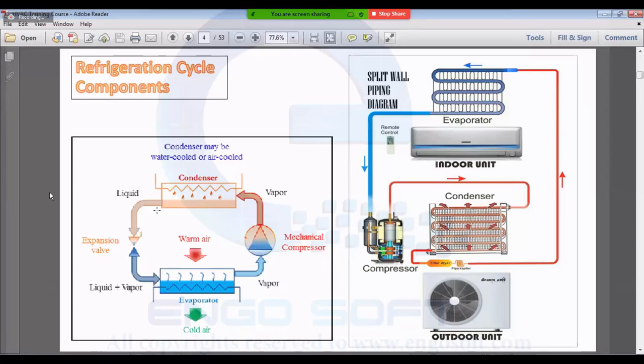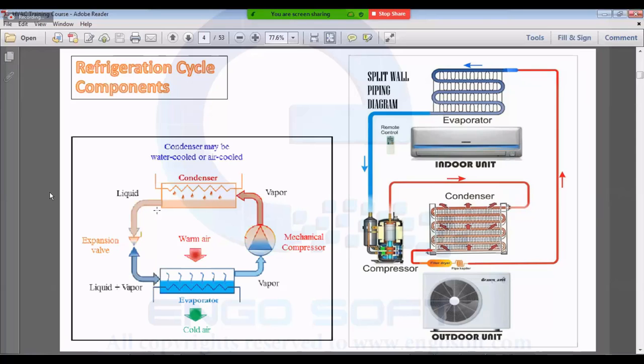The vapor will then go to the mechanical compressor. The mechanical compressor will then pass it to the condenser. So the function of the evaporator is to extract heat from inside, indoor, to outdoor.